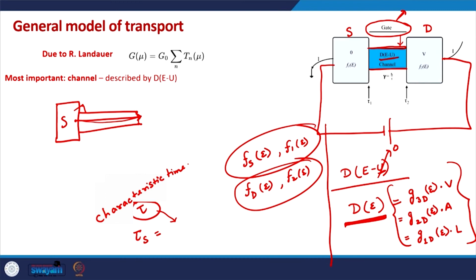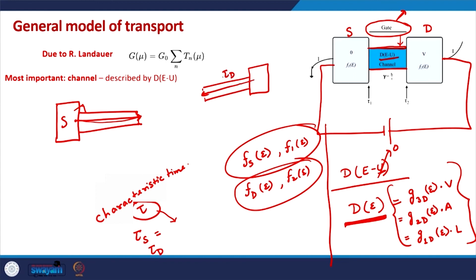Okay. So, tau s is the time that the electron will take from the source to go through the channel to the other end. Similarly, tau d will be the time that an electron will take from the drain terminal to jump into the channel and cross through the channel.